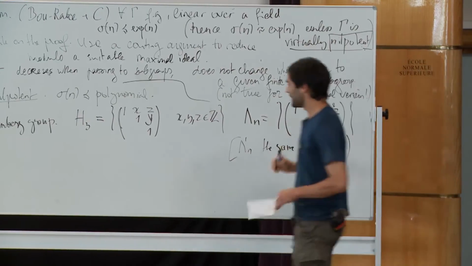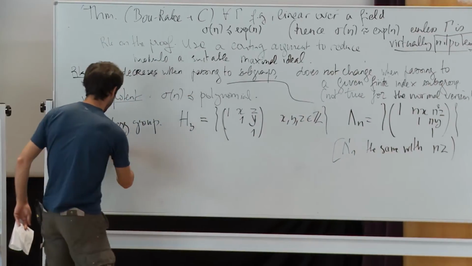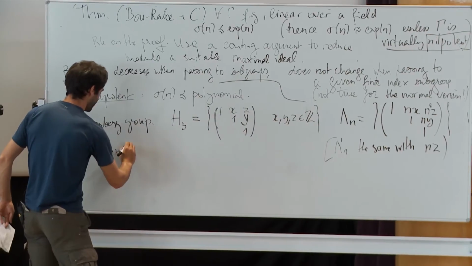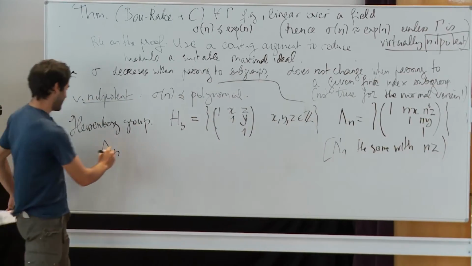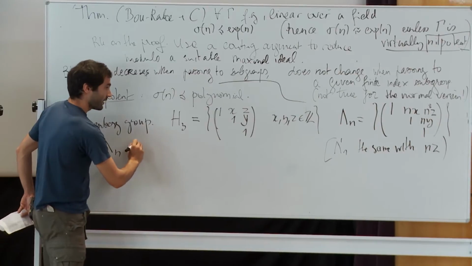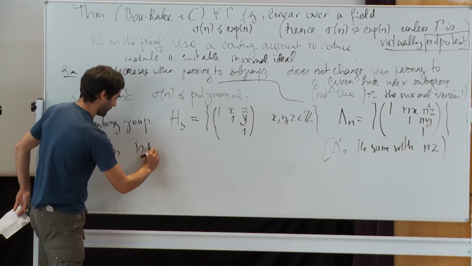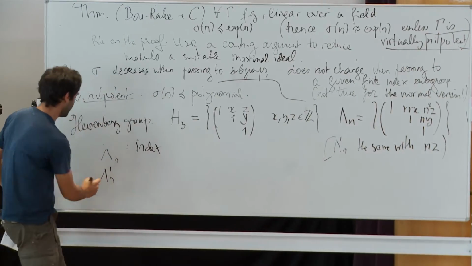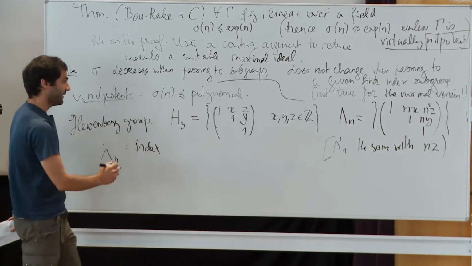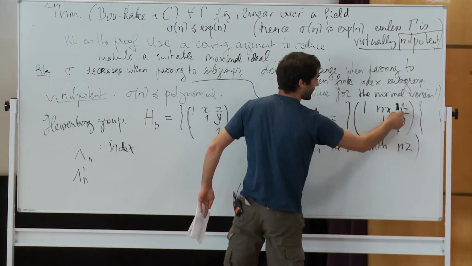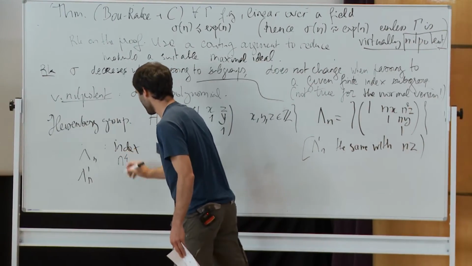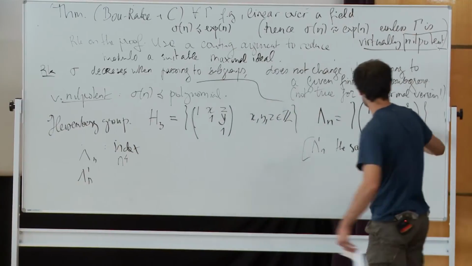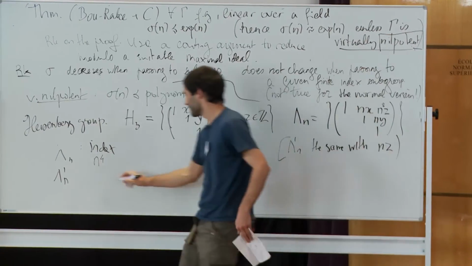So for gamma n, lambda n, the index here is n squared, which makes n to the 4. For lambda prime n, oh wow, it's better because I have n, so I get n cubed.